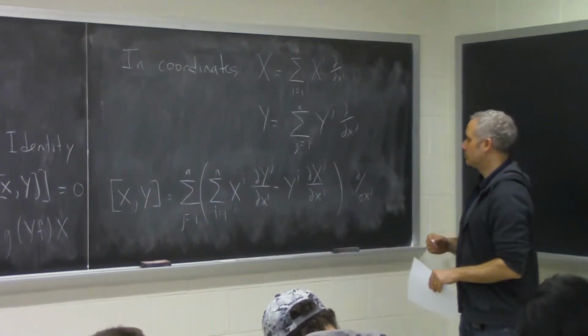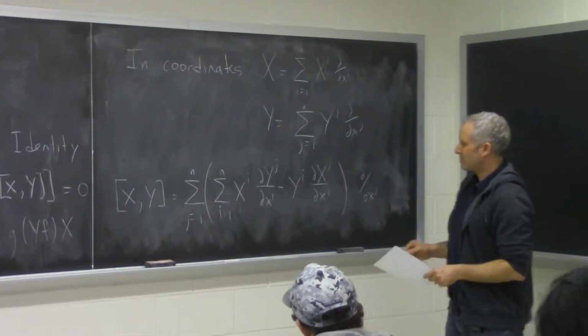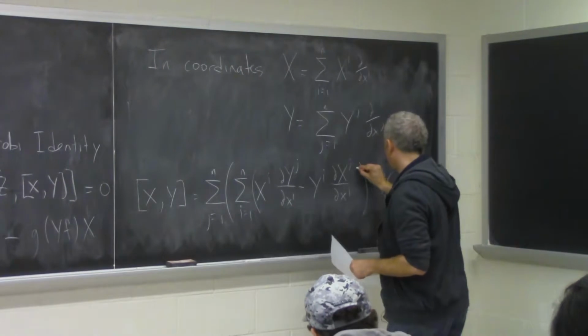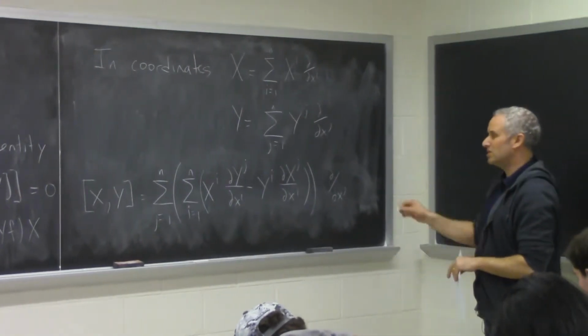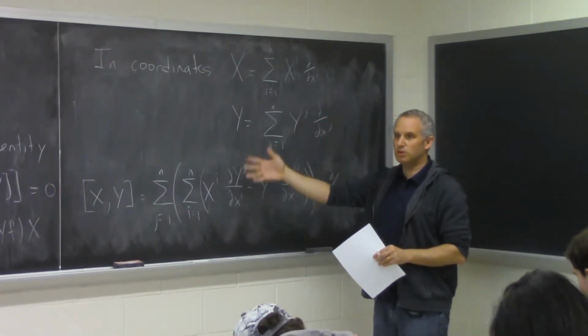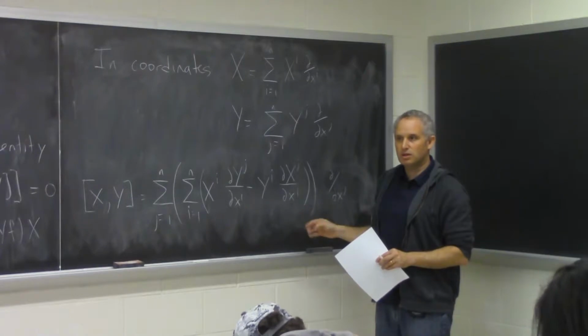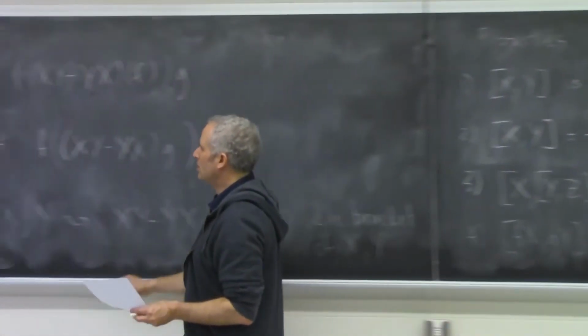Okay? So I feel like maybe I'll put a bracket there. Good. So this is very easy to compute in coordinates. You just have to take partial derivatives of the coefficient functions and put them together in this package. Okay? Let's just do it for a simple example, which we will come back to later.